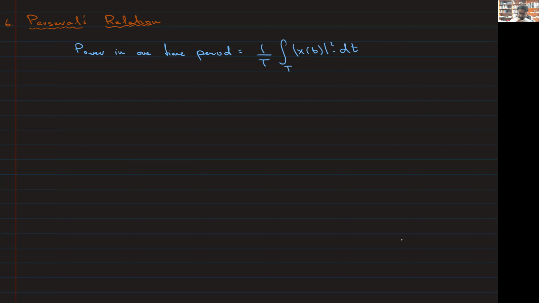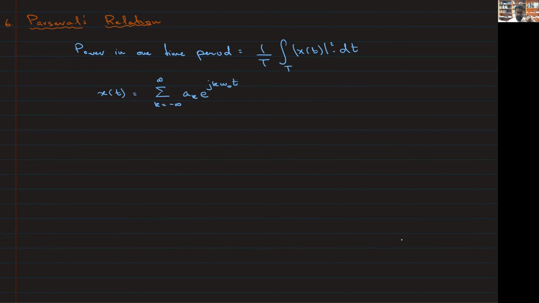So x of t, I'm assuming it has a Fourier series, so Umar is right, we just apply the definition. So x of t is a summation a_k e raised to power j k omega naught t. I'm assuming that the Fourier series representation exists for this periodic signal.